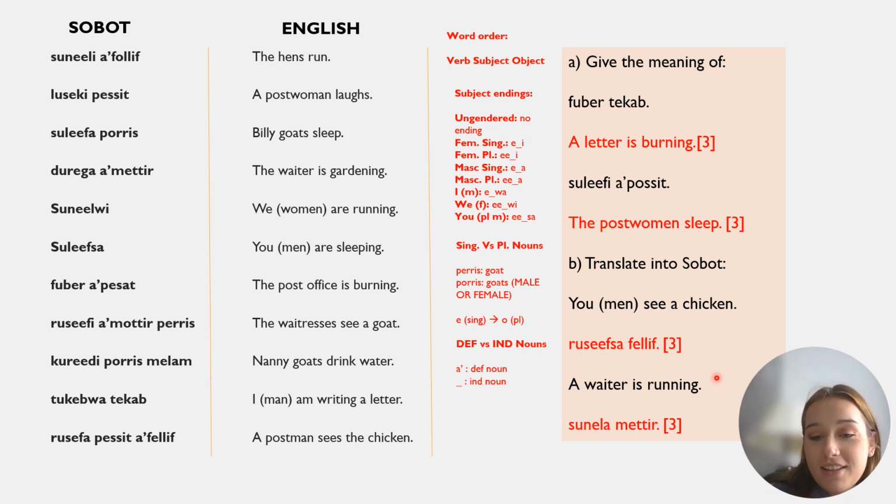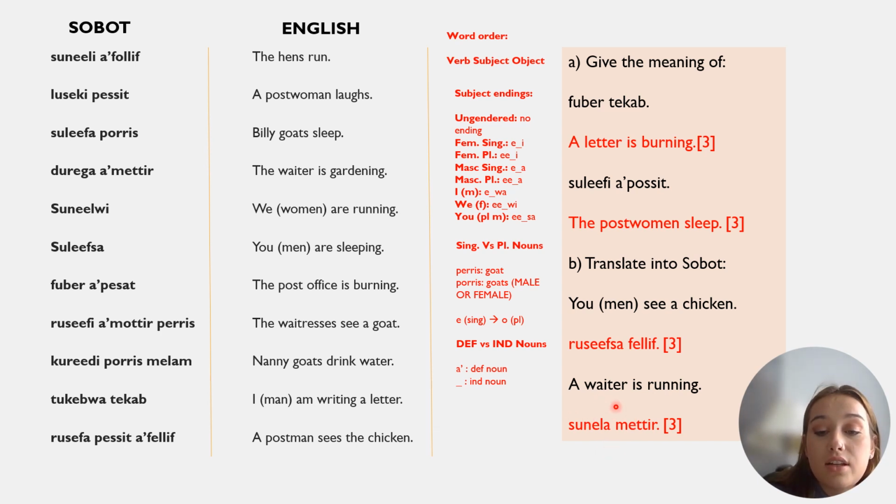And then the very, very last one, a waiter is running. So you find the word for running in we women are running, so sunil we. So then you have to do the verb ending, the middle bit. So since a waiter is masculine, it has to have the masculine A at the end.